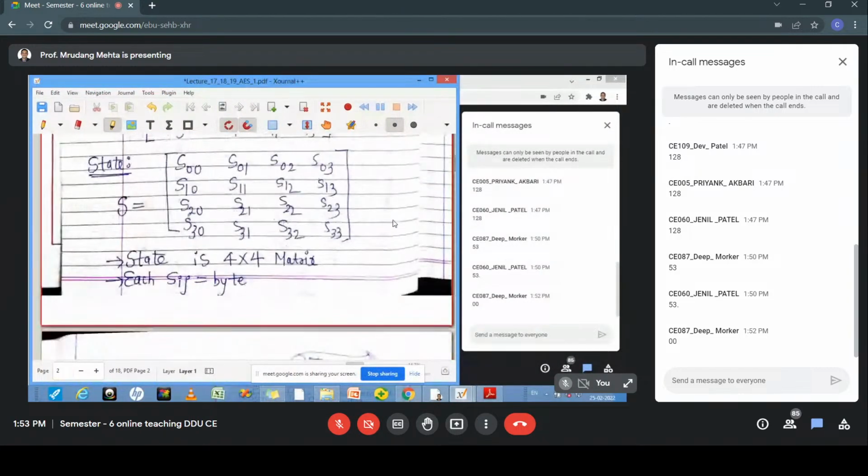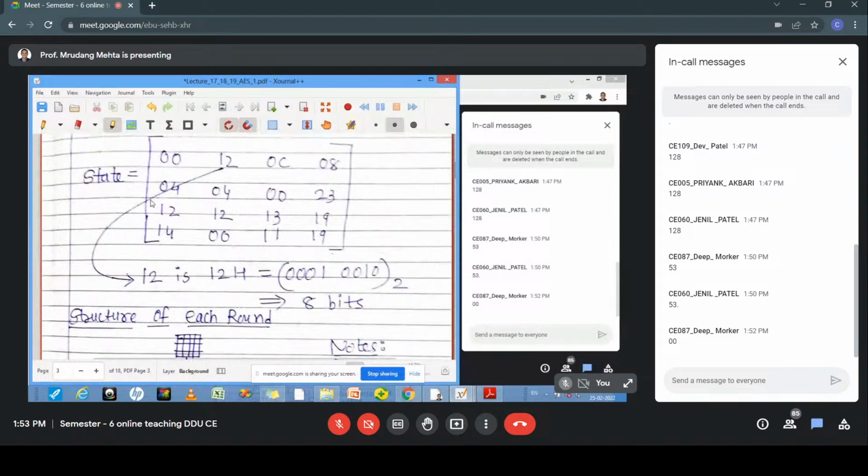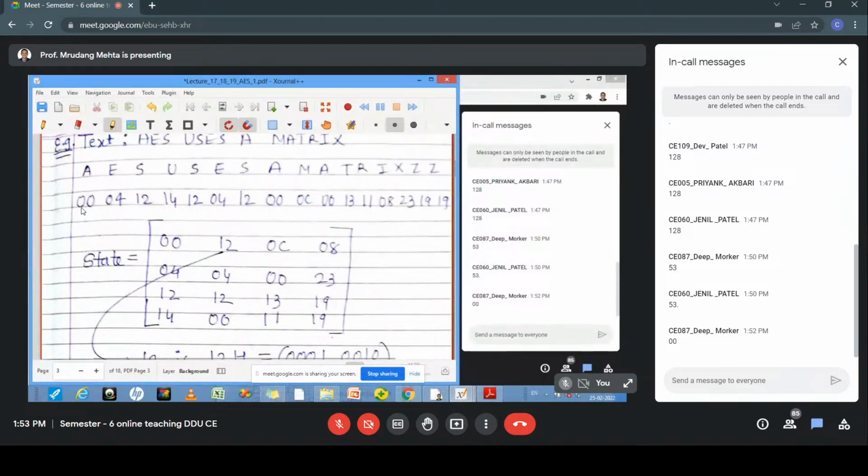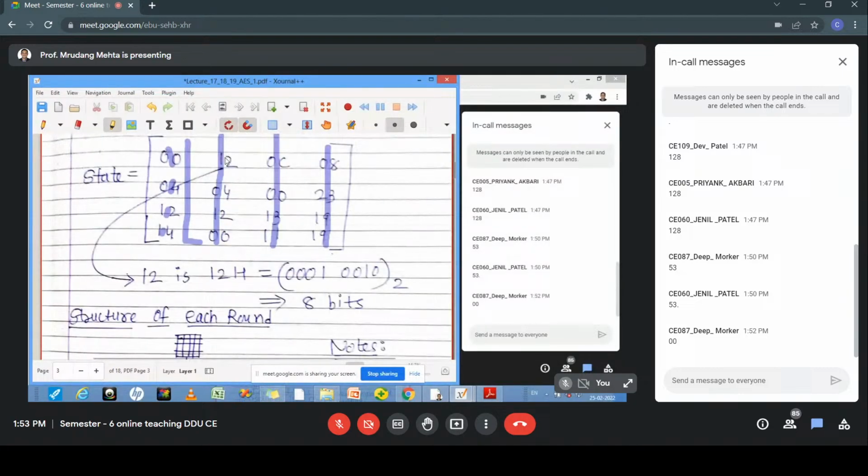We have a state, and we have written these values column wise, in this direction, one column after another. Now we take the first value, let's say 12.